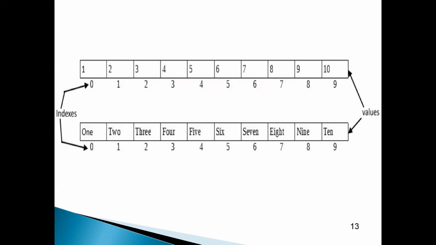What can you see in this picture? You can see a one-dimensional array, its values, elements, and indexes. The first index is always 0, then 1, 2, 3, 4, 5, 6, 7, 8, 9. 10 elements.